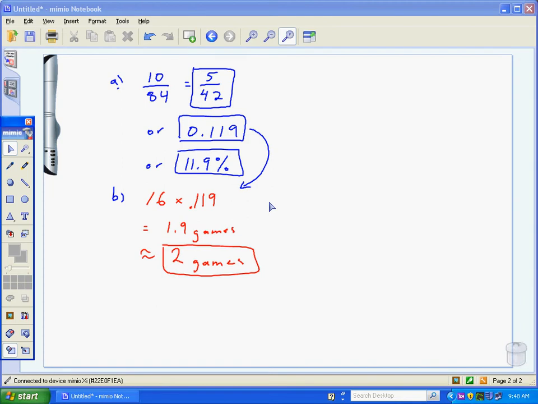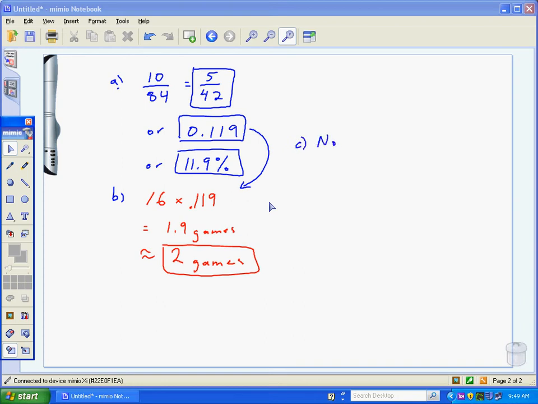But question C asks us to explain whether these probabilities in regular season versus the playoffs should be the same or not. Well, I would say no. This is me personally.